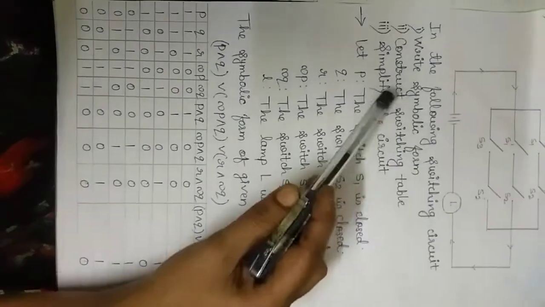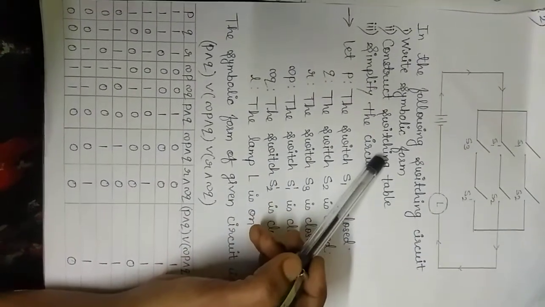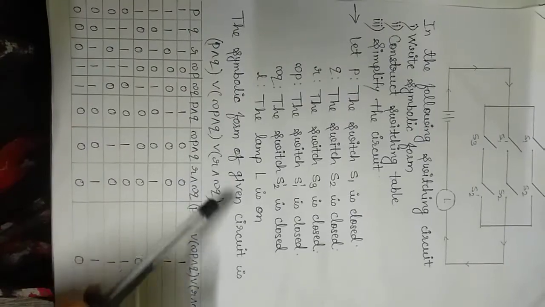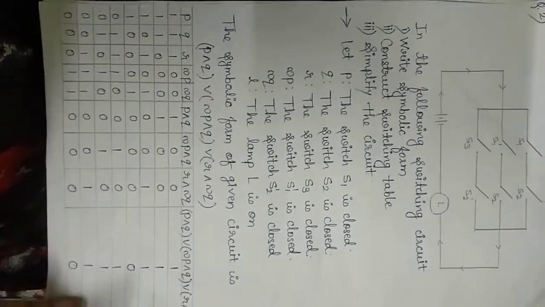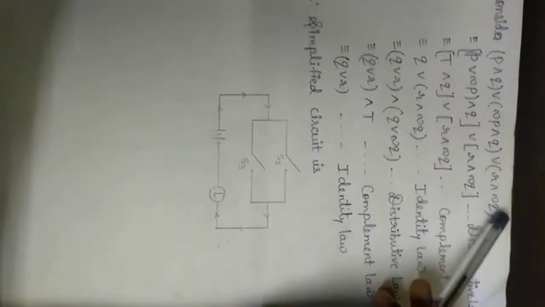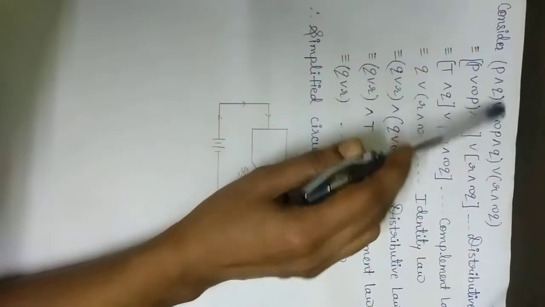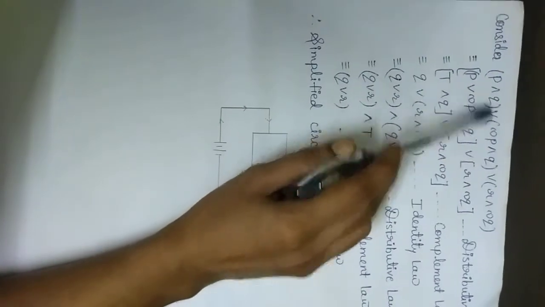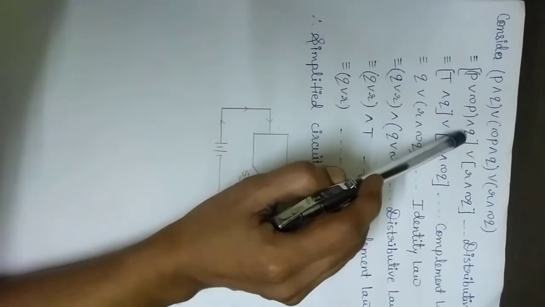Now third question is simplify the given circuit. That means we are going to simplify this logical expression, and by simplifying we will get the simplified circuit. So first we will write that logical expression here. Now if we check both these brackets, then Q is common in both, so we can take that common.